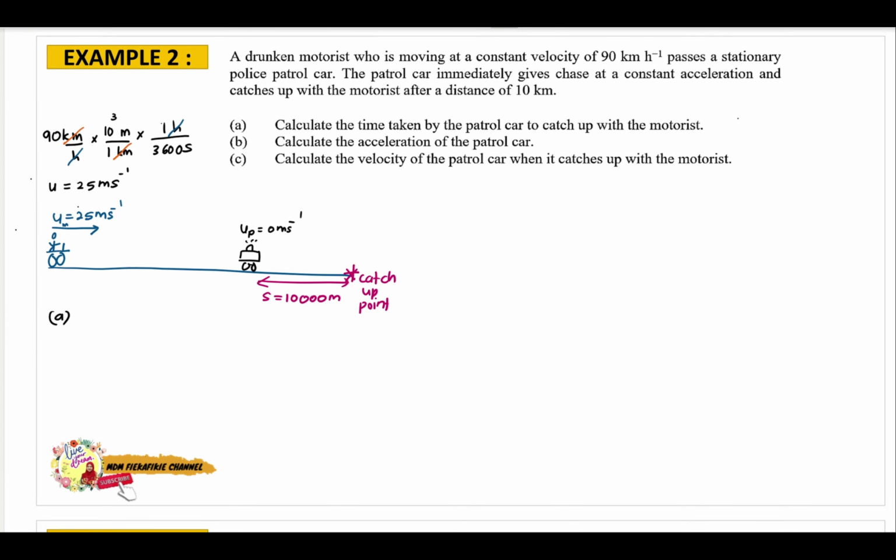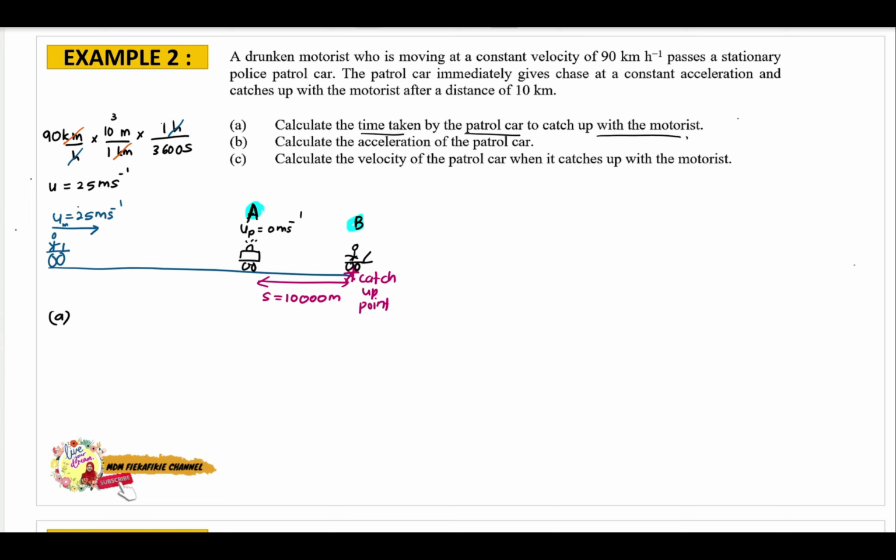For question A, we want to calculate what is the time taken by the police car to catch up with the motorist. Let's say the motorist will move until here, for example. I will put this as point A and this as point B. We want to calculate the time taken from A to B, because we want the time for the petrol car to catch up with the motorist.